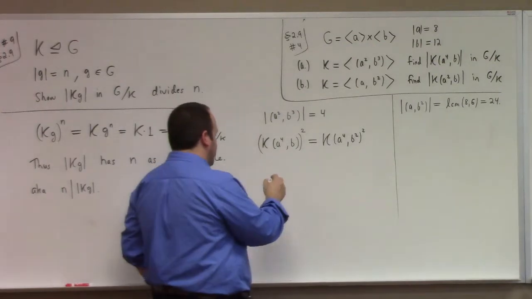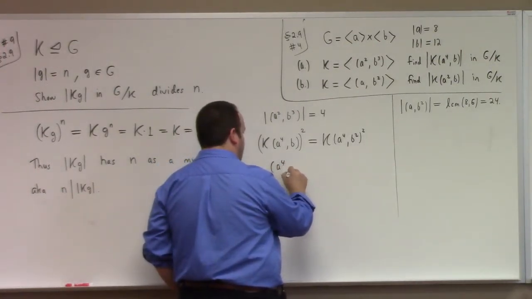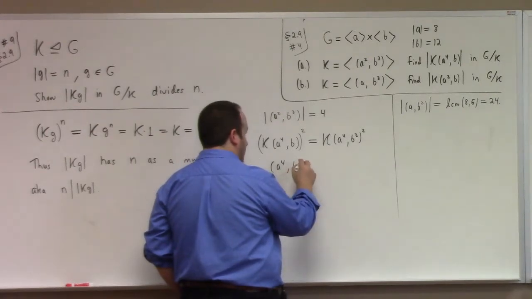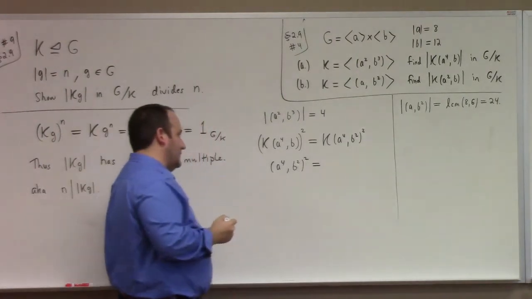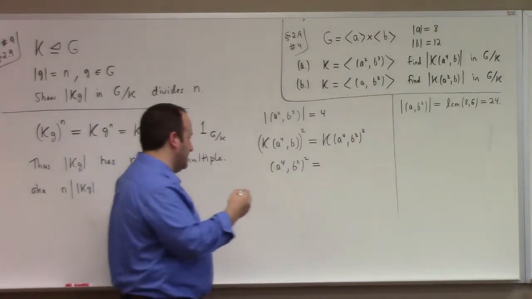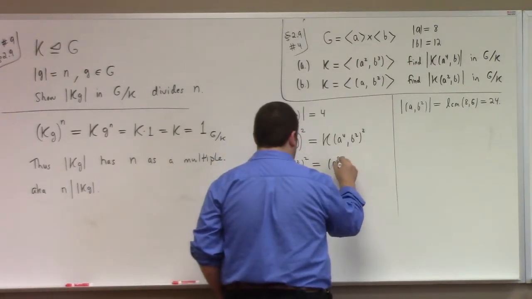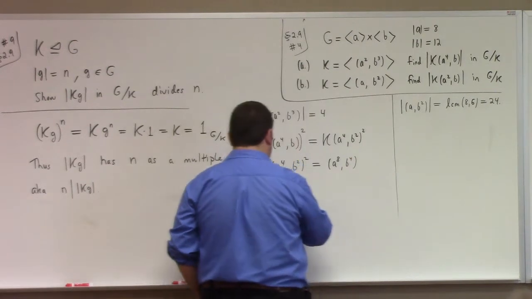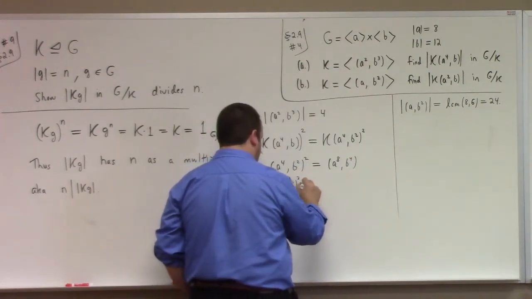So really what we should focus on here is probably just the representatives, so as to avoid writing a bunch of stuff. So like that, what's that one? That's a to the 8, b to the 4th, right? A to the 4th b cubed is what?